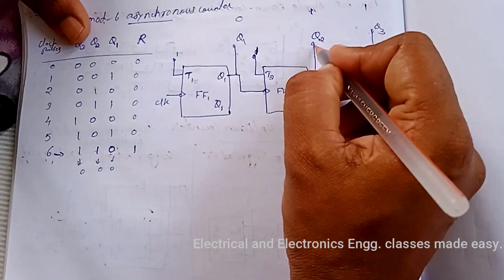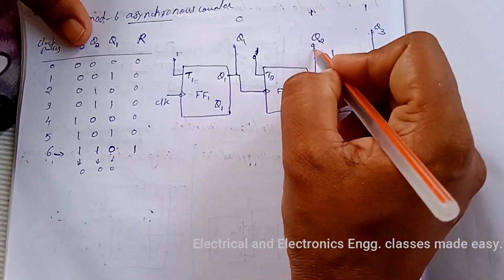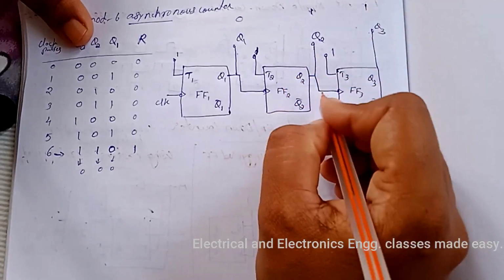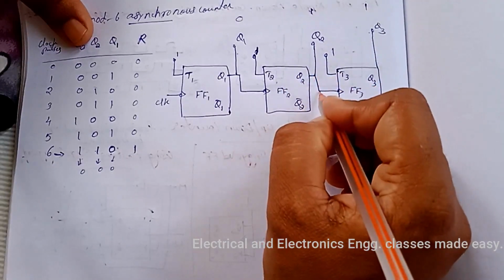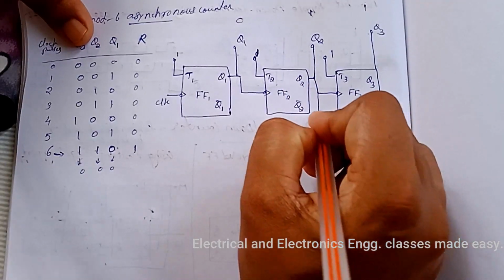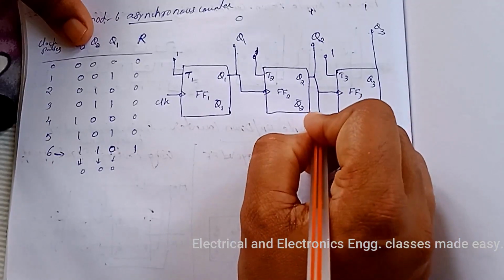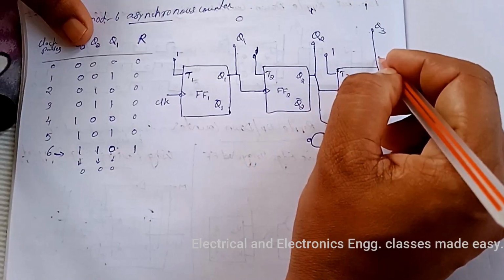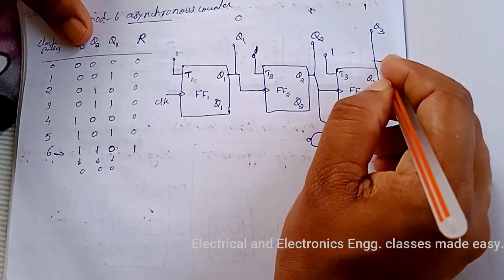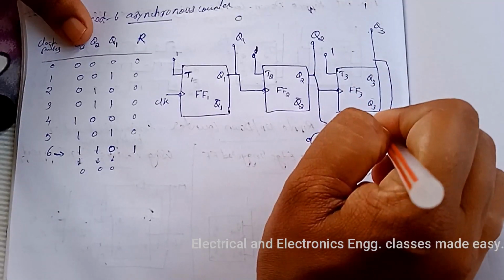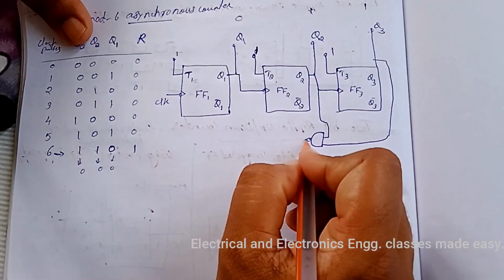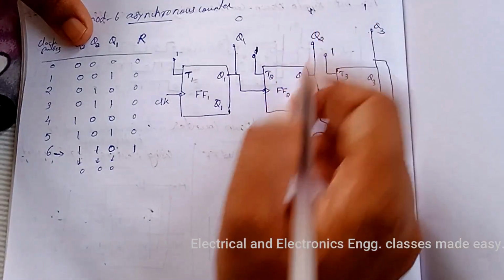These two outputs, Q2 and Q3, we have to reset when 1, 1 comes.